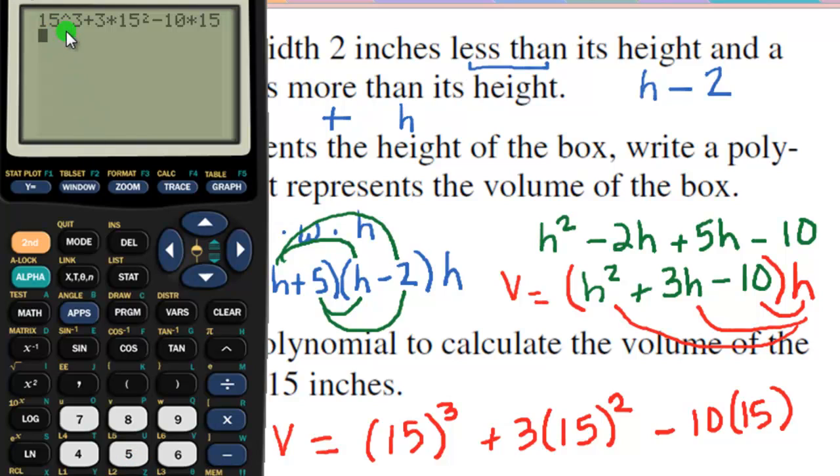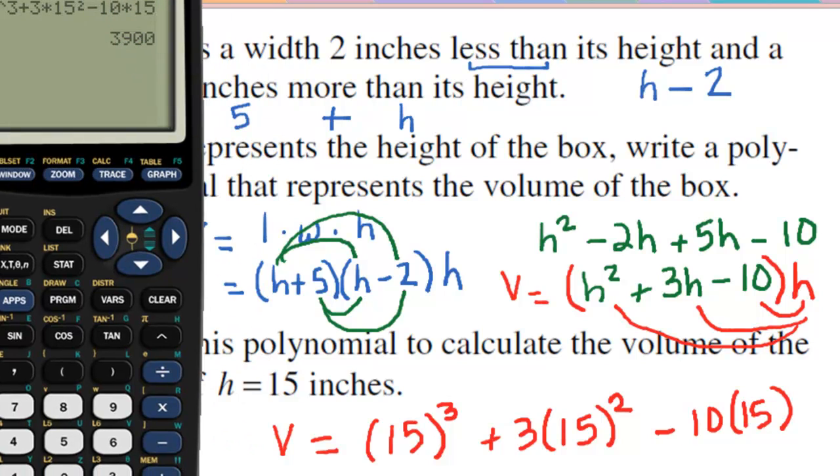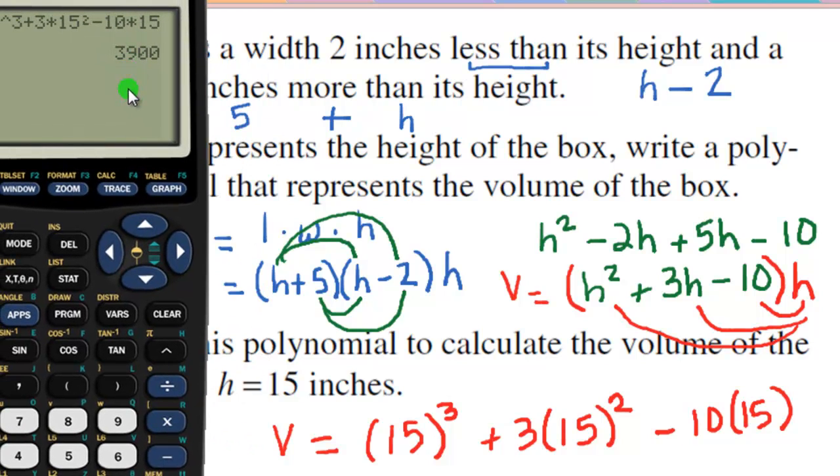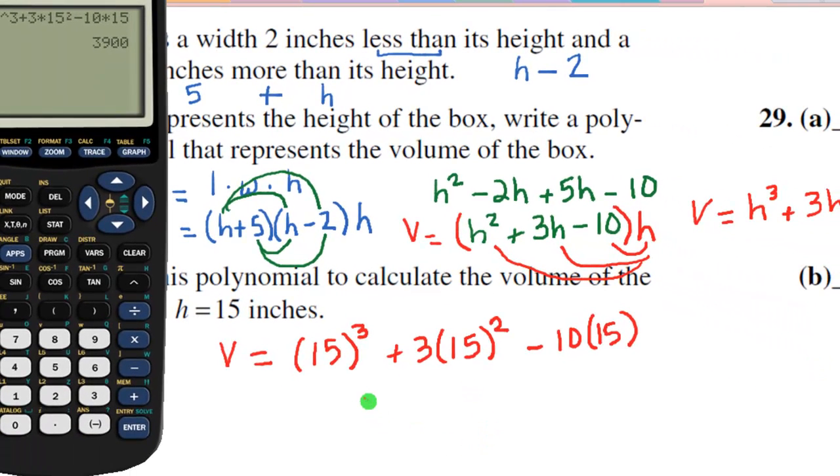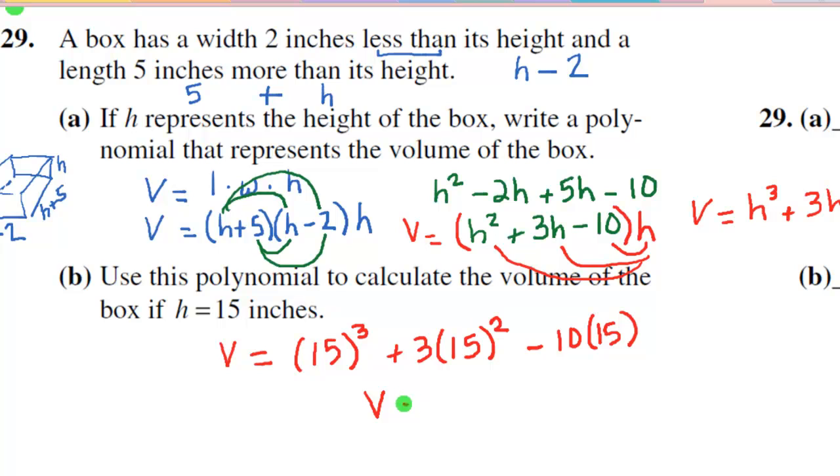Okay, so 15 cubed plus 3 times 15 squared minus 10 times 15, and then you hit enter, and our answer is that we have 3,900 cubic inches for our volume. So V equals 3,900 cubic inches, cubic inches for volume.